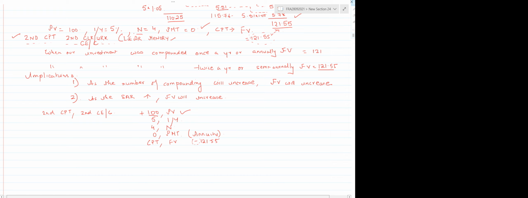So the basic context is that as the number of compoundings increase, my future value increases, and obviously, if my interest rate increases, future value will increase, right? That is given, that is default. So, guys, let me introduce a new variable here.